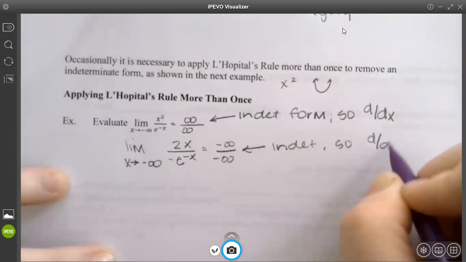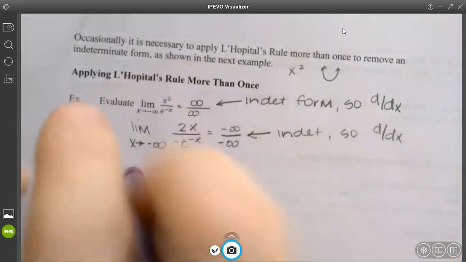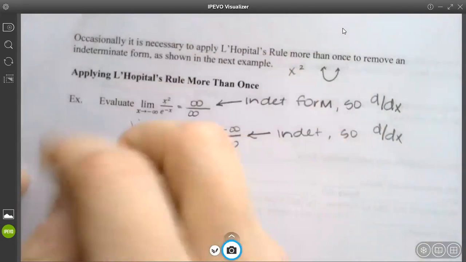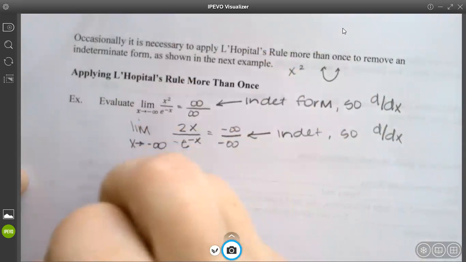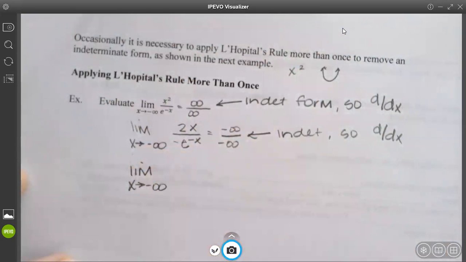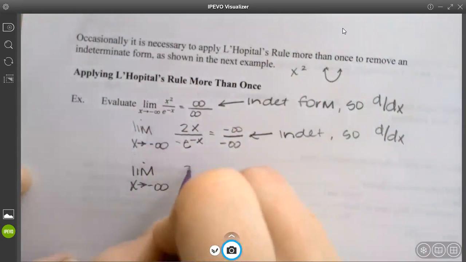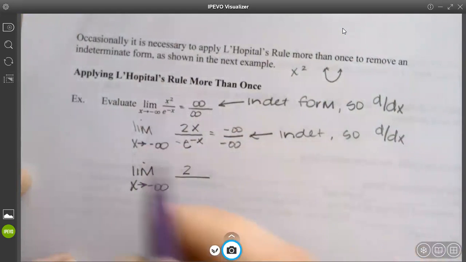So it says you can derive it again. Derive it again. So the limit as x approaches negative infinity. What's your derivative of 2x? Derivative of negative e to the negative x.